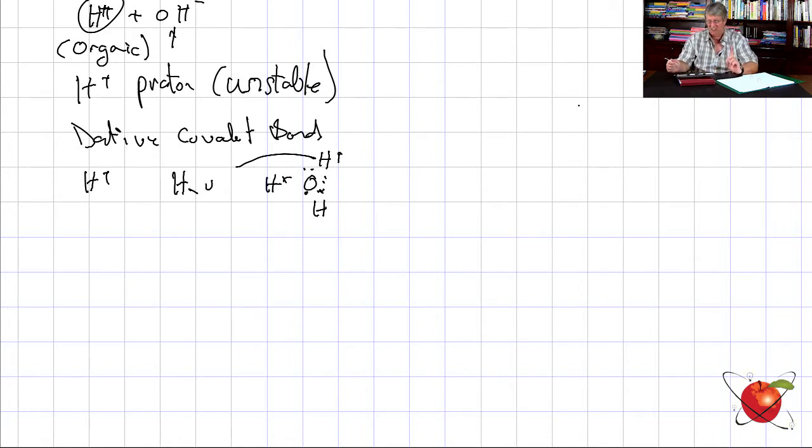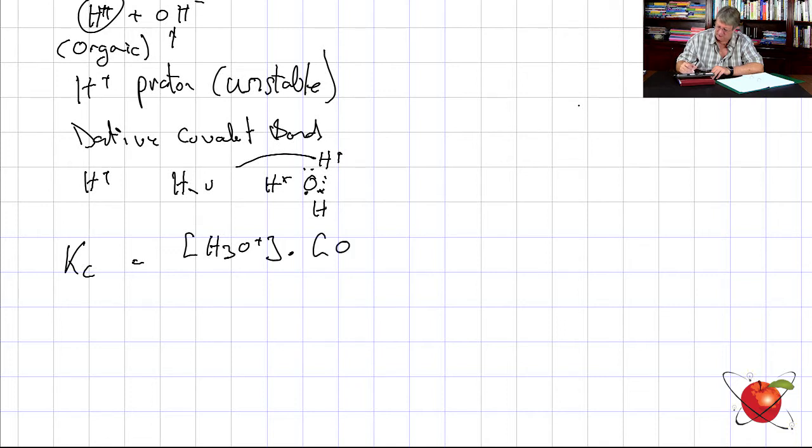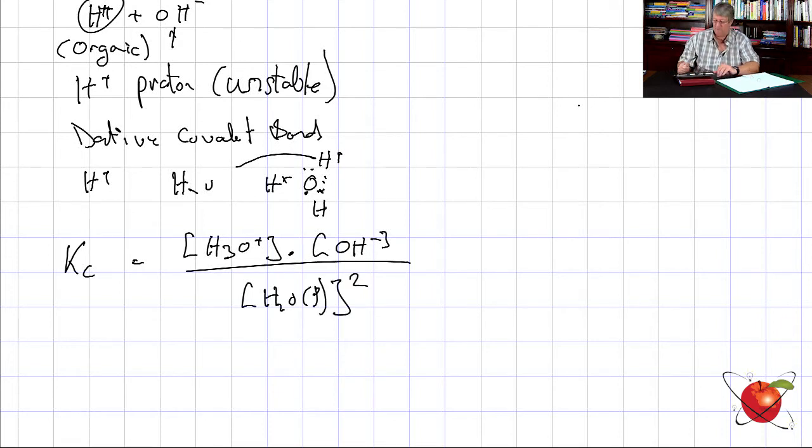I can write the expression of mass action. I say, all right, Kc is going to be the concentration of the H3O plus multiplied by the concentration of the OH minus divided by, theoretically, the concentration of the H2O, which is a liquid, hint, squared. But this is a liquid, therefore 1.